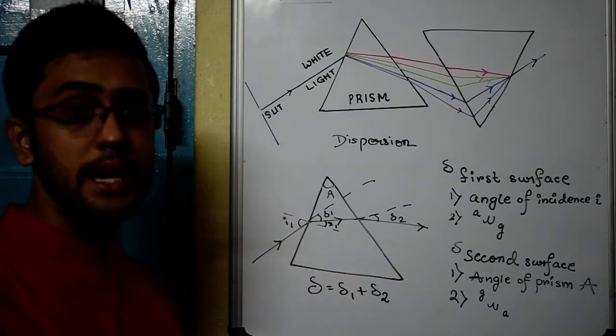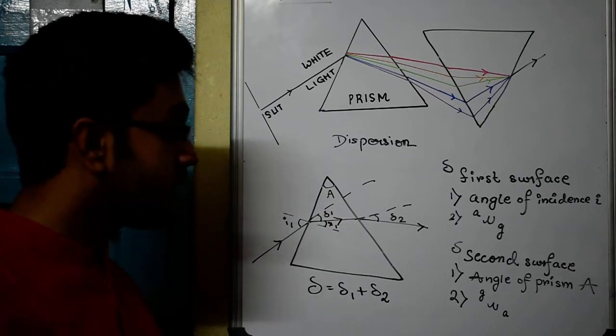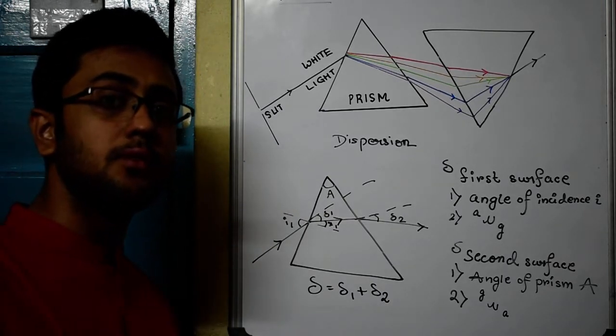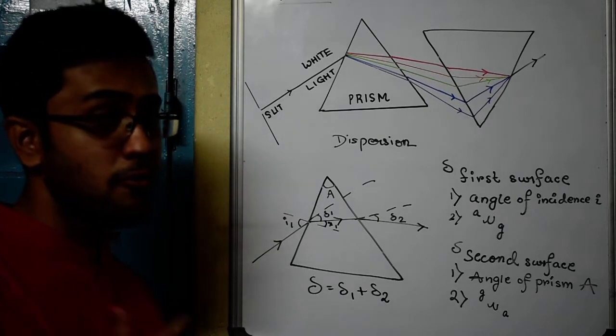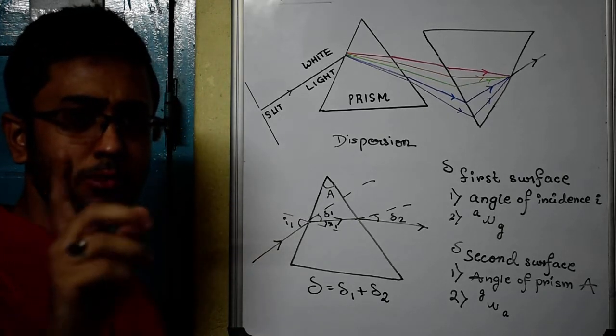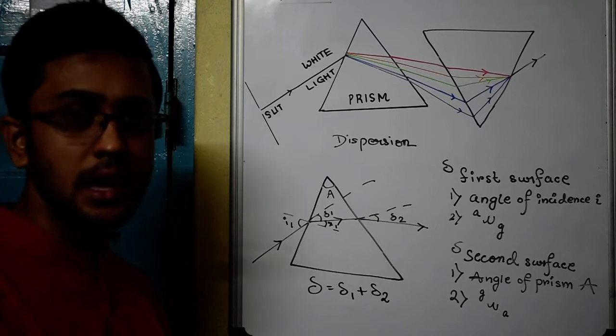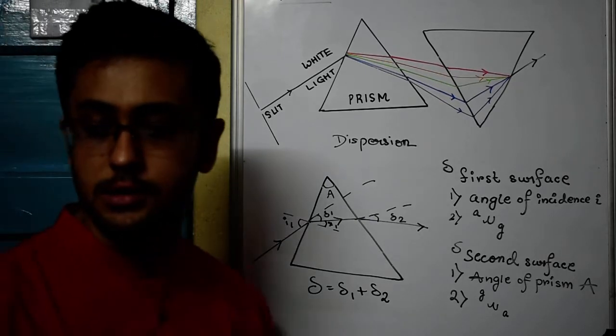This is the deviation that any light ray suffers, and lights of different colors suffer different deviations. Violet, as I said, is deviated the most and red is deviated the least. Let us prove that using the formulas.